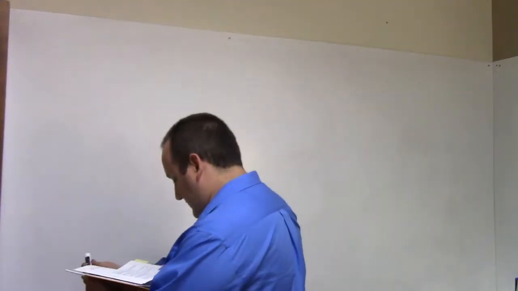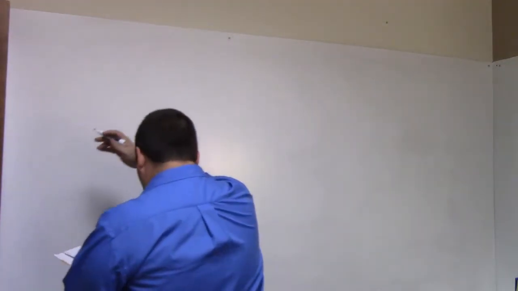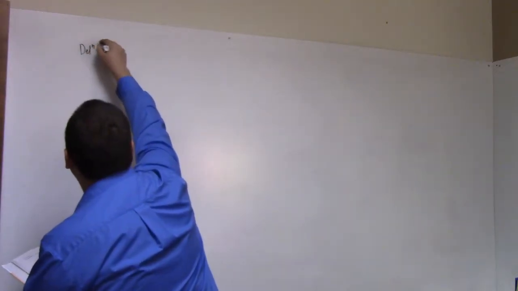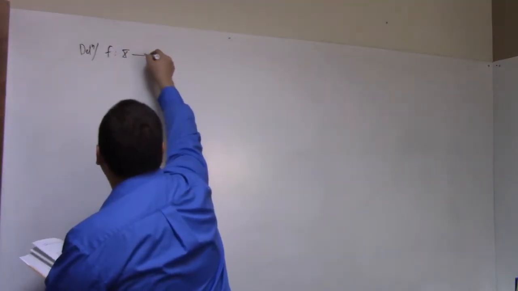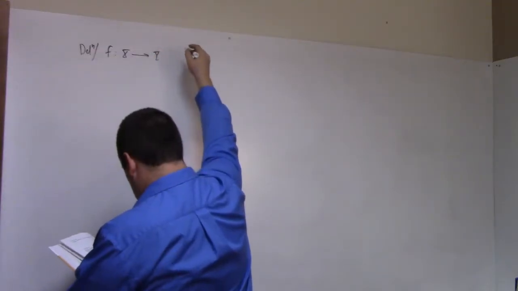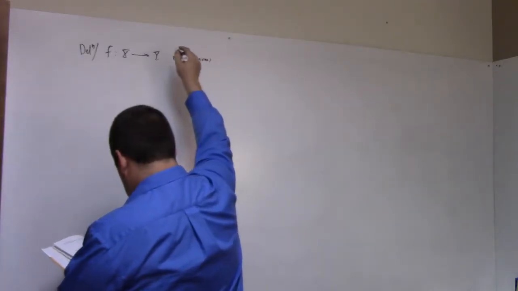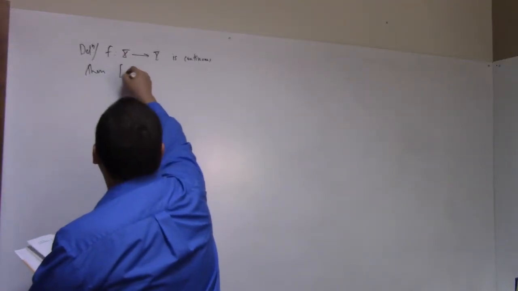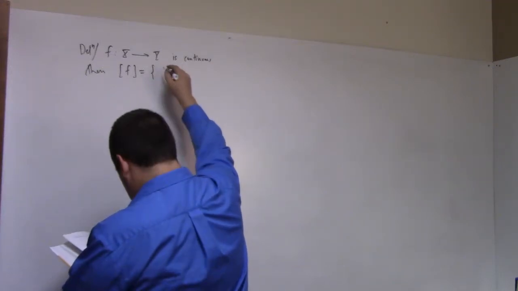Alright, let's see here. So definition. If f from X to Y is continuous, then bracket f like this is the equivalence class, or homotopy class to be more clear, of f.